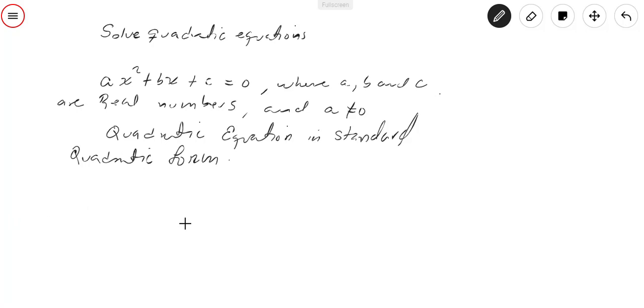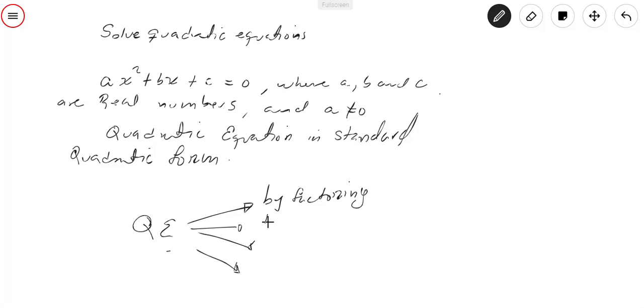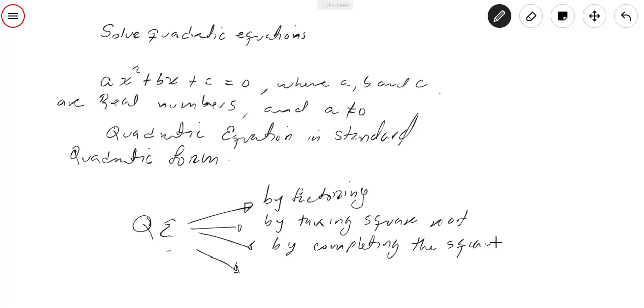Now, if we want to solve this quadratic equation, we're going to have different methods that will let me solve the equation. It could be by factoring, by taking a square root, by completing the square, and by using the quadratic formula.